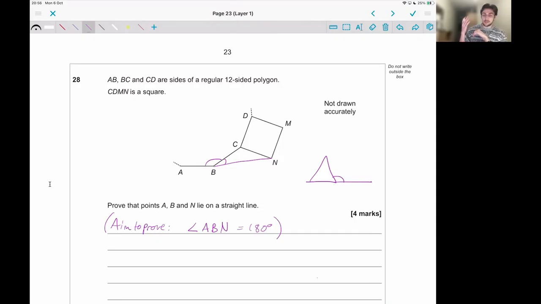And this is hopefully something you'll know or will remember for your exams: exterior angles of a regular n-sided polygon are 360 divided by n.